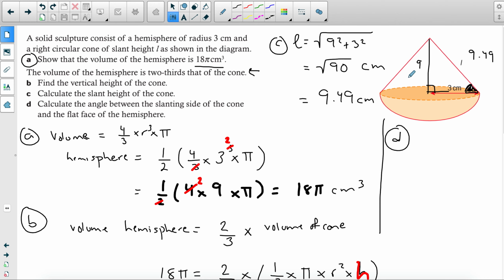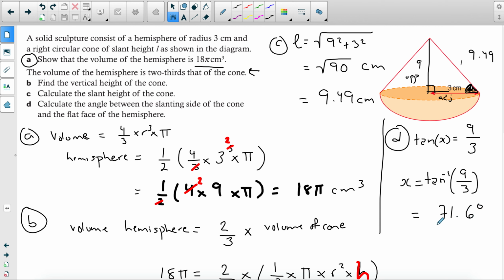So we have the opposite, we have the adjacent, and we want this angle, and so we will have to use tan. So tan of our missing angle is equal to the opposite over the adjacent, and so our missing angle is equal to the tan inverse of 9/3, which is just equal to 71.6 degrees to 3 significant figures.